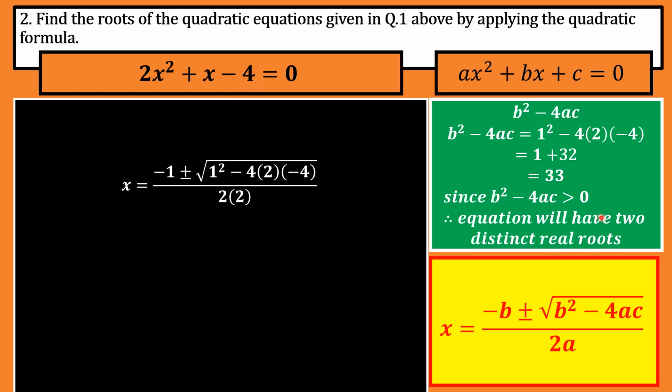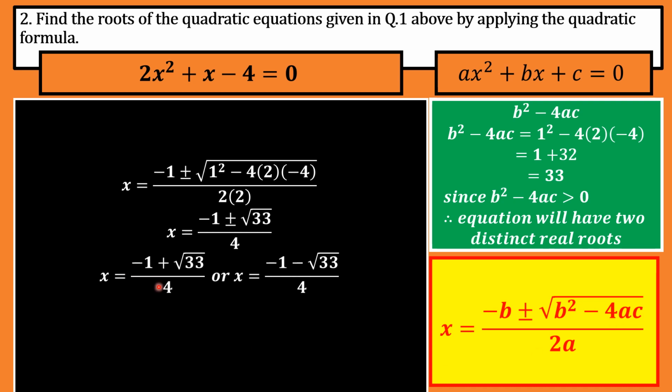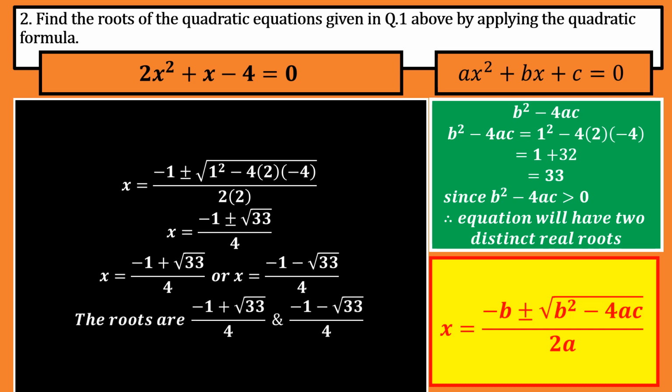Let's see what we get. On solving, x is minus 1 plus minus under root 33 upon 4. 33 is not a perfect square, so let it be as it is. We get two values of x. One is minus 1 plus under root 33 upon 4. The other one is minus 1 minus under root 33 upon 4. These are the two roots of the equation.